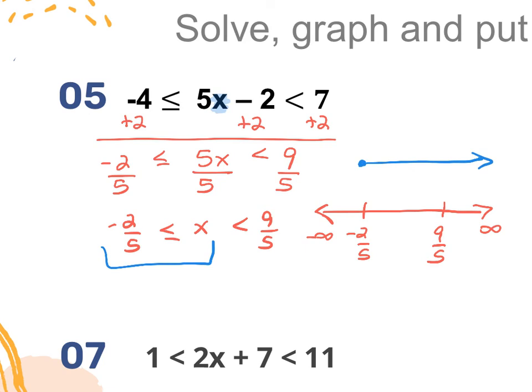And then this one, x is less than 9/5, open, going this way. When it's a compound inequality like this, the answer is where the line is both blue and green. So the final answer here would be closed here to open here.